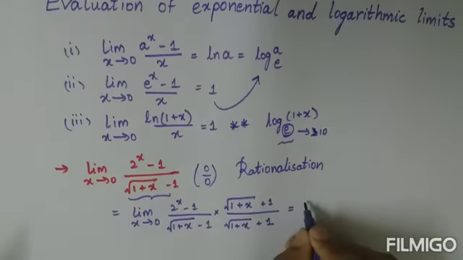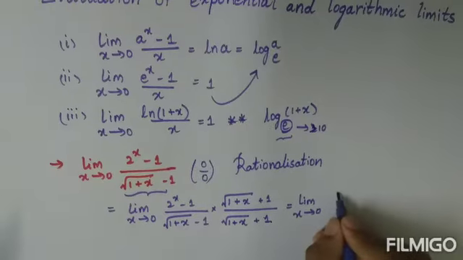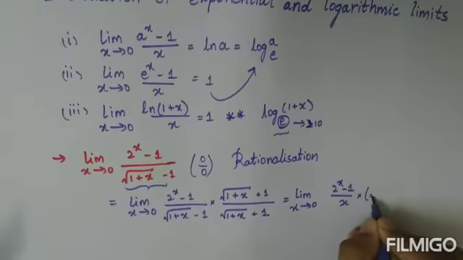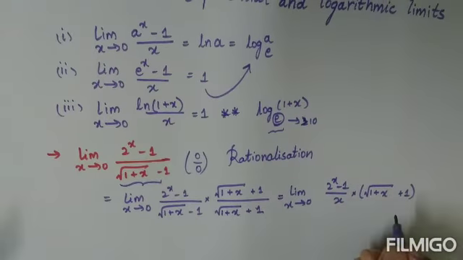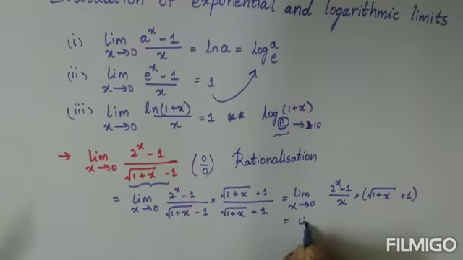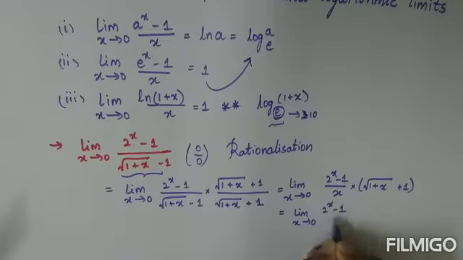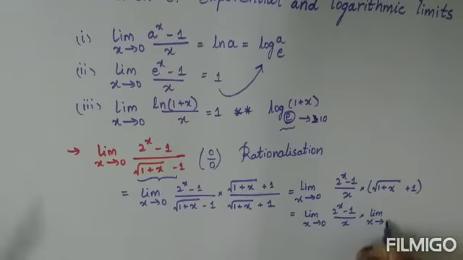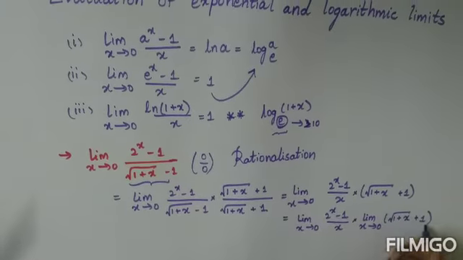If we solve this further, we get limit x tends to 0, 2 power x minus 1 by x into square root of 1 plus x plus 1. From the algebraic properties of limits, if we split this, we get limit x tends to 0, 2 power x minus 1 by x into limit x tends to 0, square root of 1 plus x plus 1.